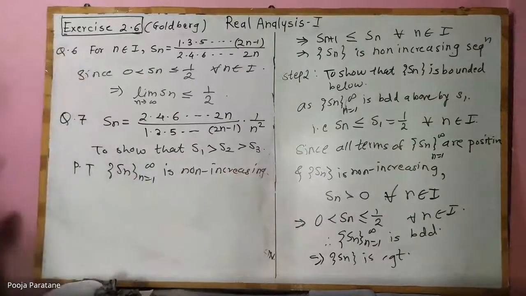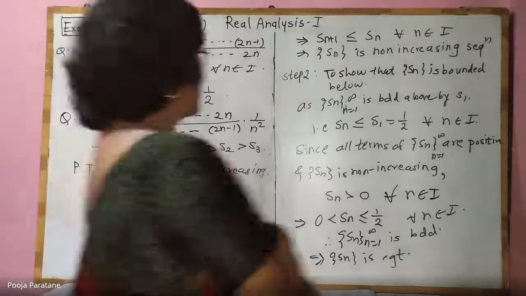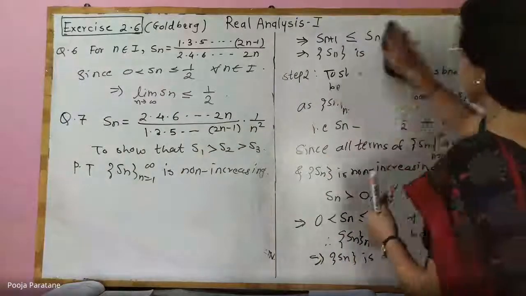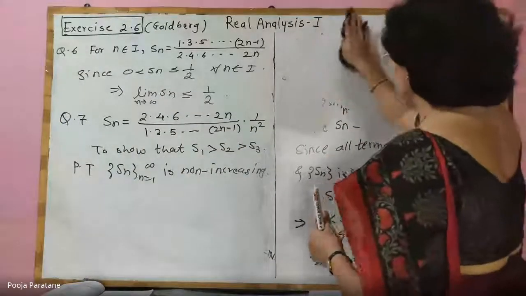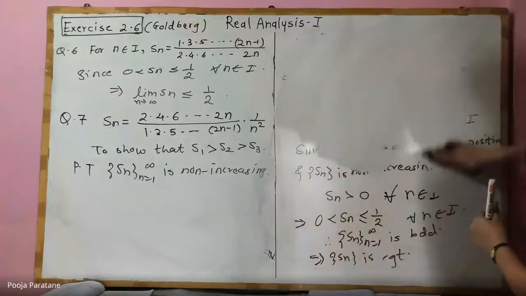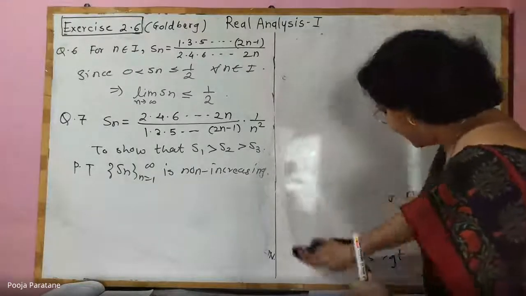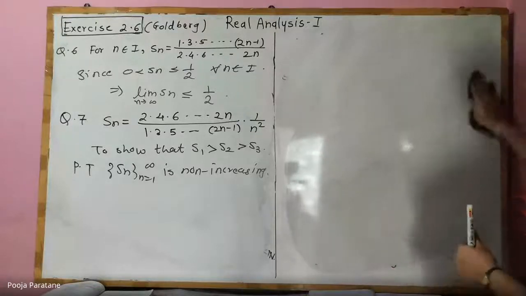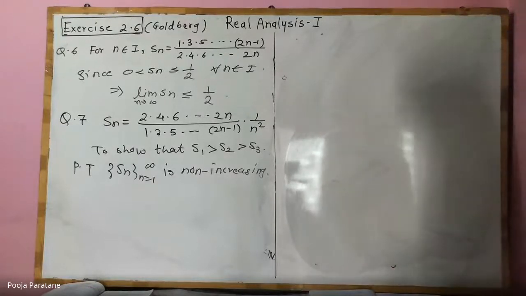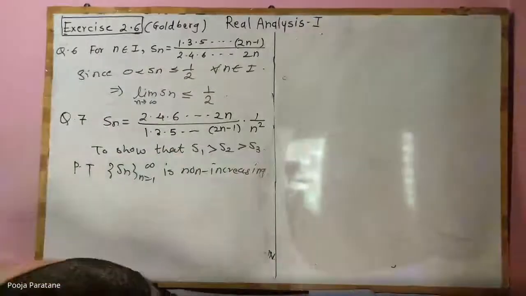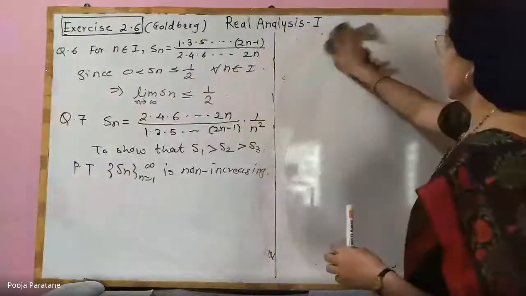So the proof is the same as this example. First of all, we will show that S1 is greater than S2 is greater than S3. It's very simple: we just find the values of S1, S2 and S3 and check their relation.